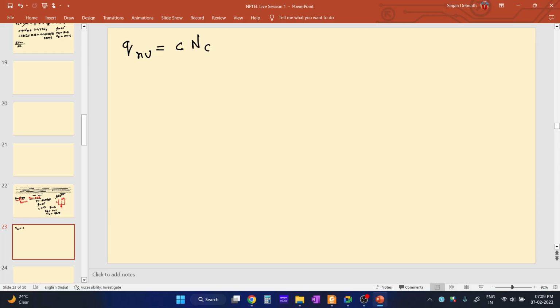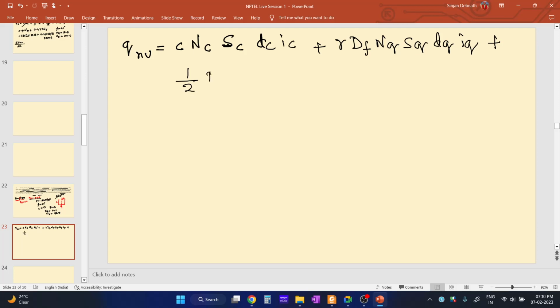The formula is CNC into SC, DC, IC. All these are factors: shape factor, depth factor, and inclination factor, plus gamma DF NQ, SQ, DQ, IQ, plus half into B dash gamma.